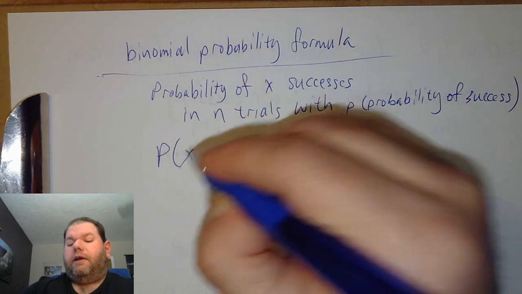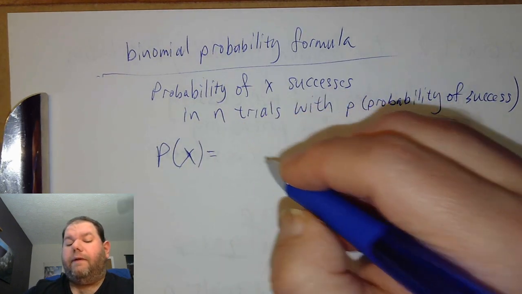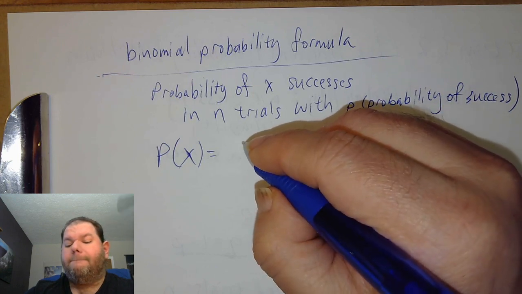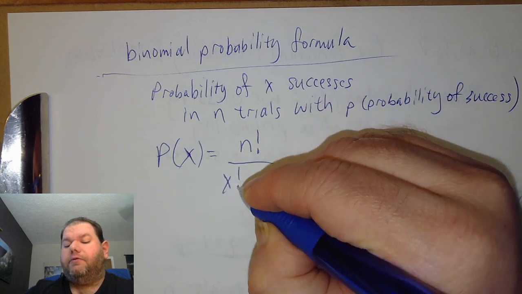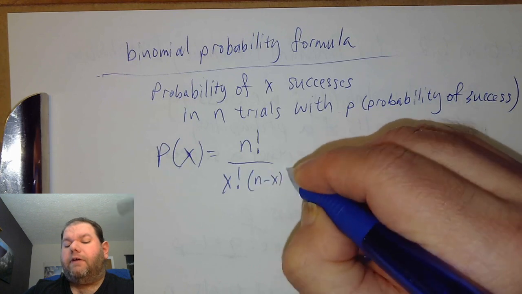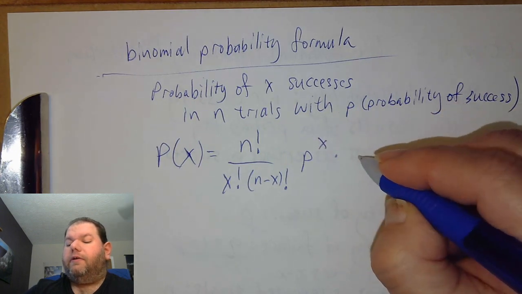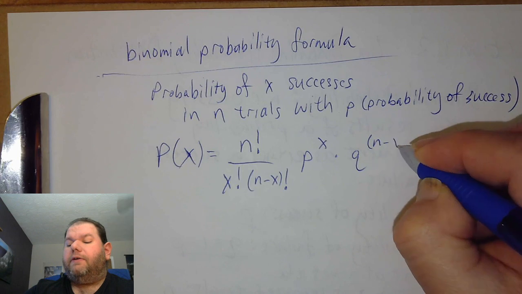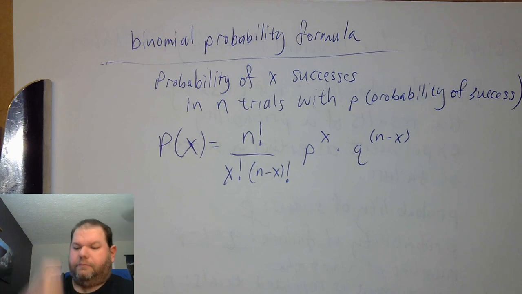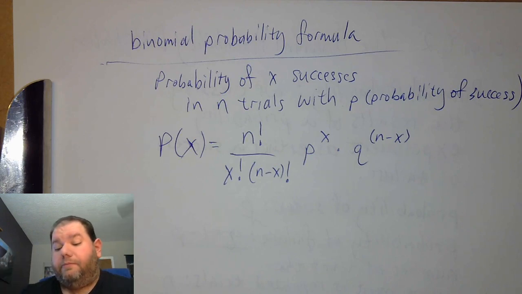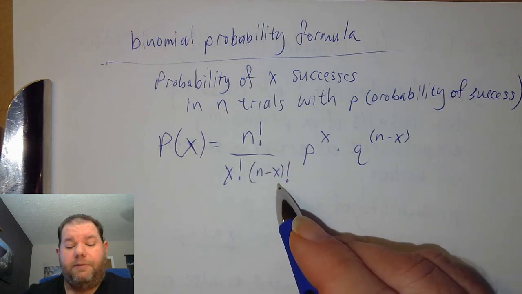And so the probability of X occurring, X successes, is equal to N factorial over X factorial times N minus X factorial times P to the X times Q to the N minus X. Now, you may be wondering, why do we have this punctuation all of a sudden in the middle of our equation?